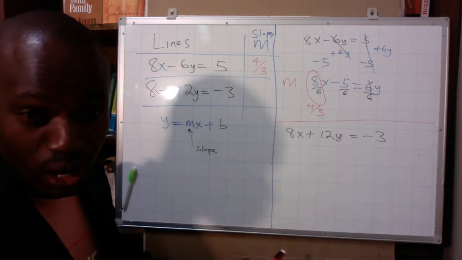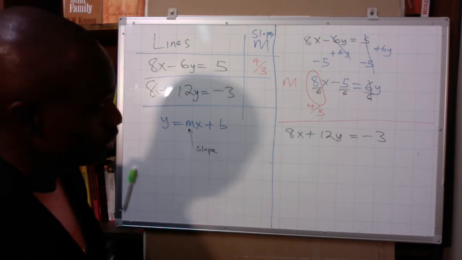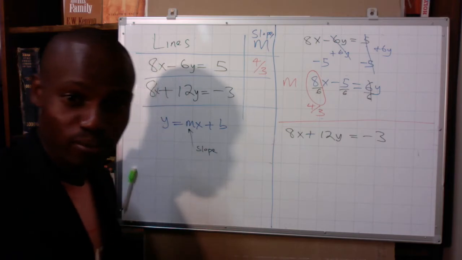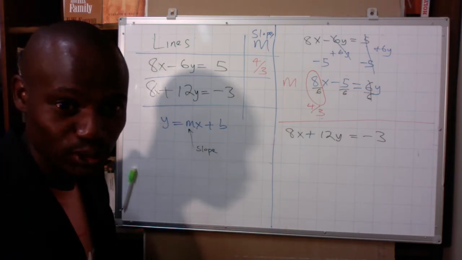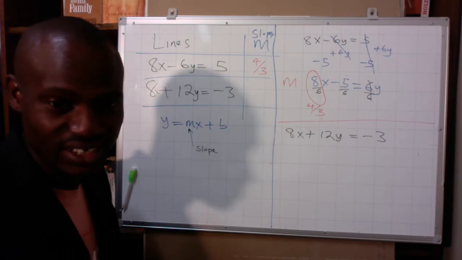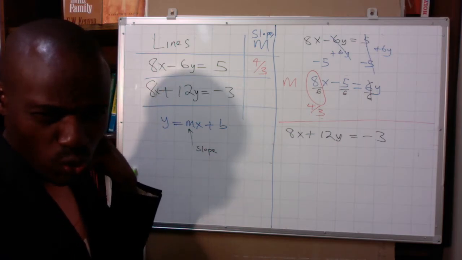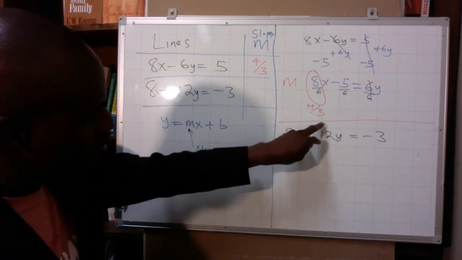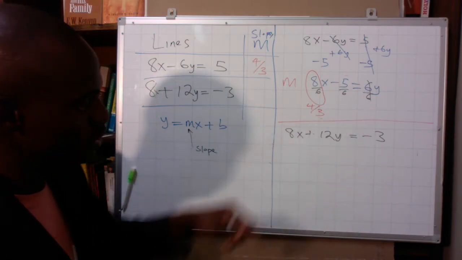There are so many ways to go about this. Just use the quickest way that appeals to you. There are different ways to get from California to Texas, different interstate routes. Whichever appeals to you quickest. I'm thinking right here that to get the 12y by itself, I just take away the 8x.